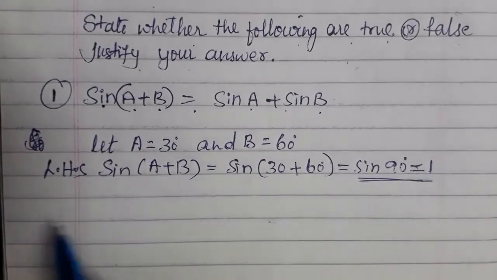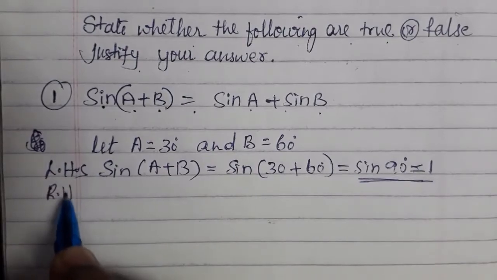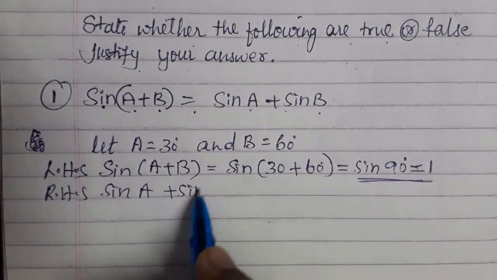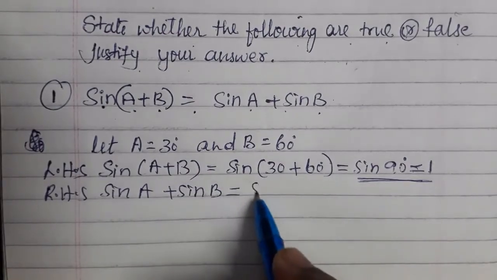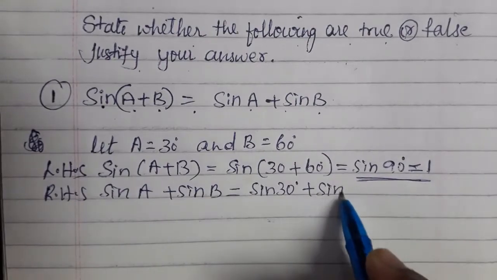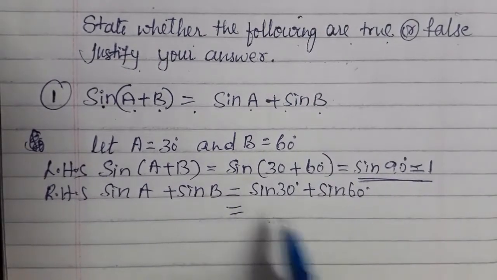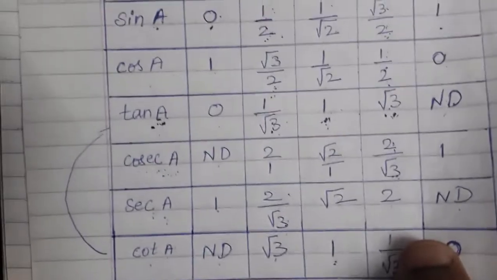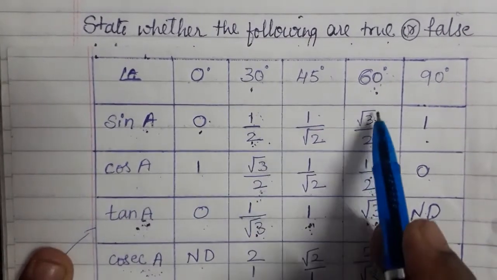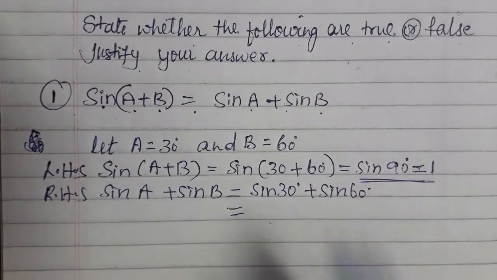Now we will see the right hand side. Sin A plus sin B. That means sin 30 degree plus sin 60 degree. What is sin 30 degree? Again you have to remember. Sin 30 is 1 by 2. Sin 60 is root 3 by 2.